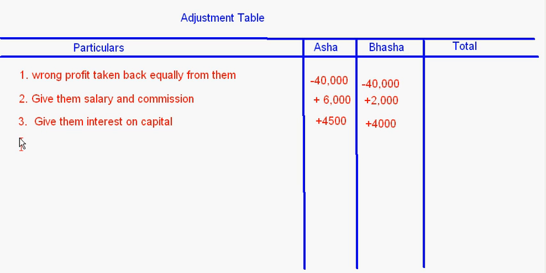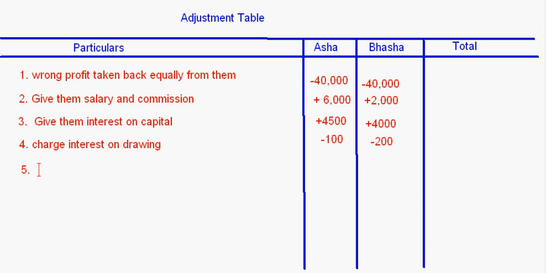Okay, and then charge interest on drawings. Now charge interest on drawing, this amount has to be taken from them because they have to give the interest. So this is minus 100 and minus 200. Interest on capital is given to the partners, interest on drawings is taken from the partners, right?